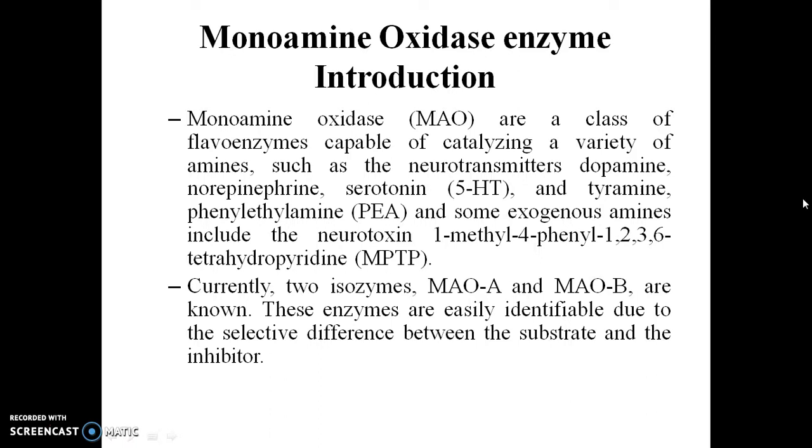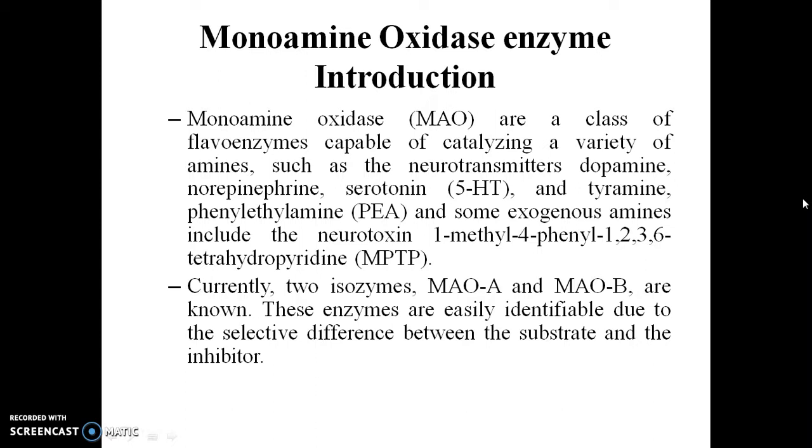Monoamine oxidases are a class of flavoenzymes capable of catalyzing a variety of amine groups, such as the neurotransmitters dopamine, norepinephrine, serotonin, tyramine, phenylethylamine, and some exogenous amines including some neurotoxins like MPTP.